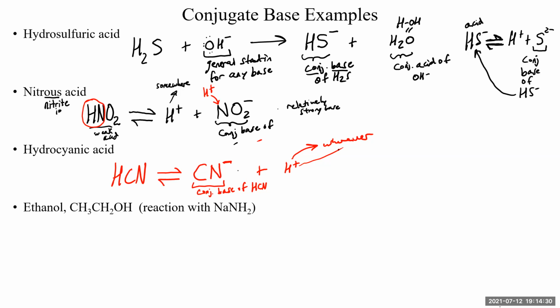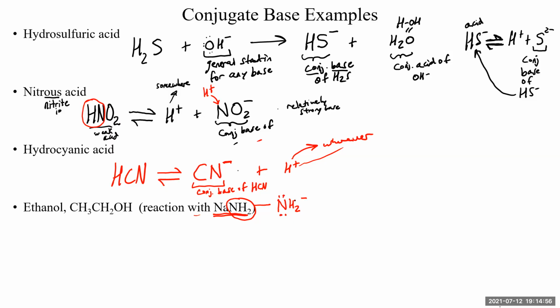Here's one that's kind of unusual. I actually put sodium amide. Sodium amide is a really super strong base. It's not the sodium that has any meaning at all. It's the amide ion, NH2 minus. That's nitrogen with two lone pairs.